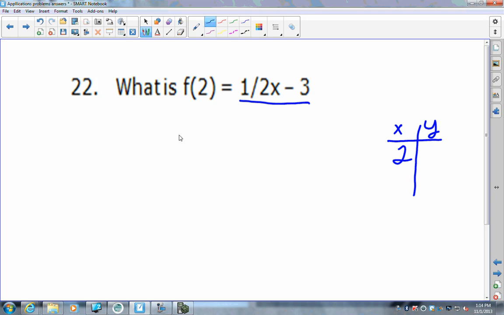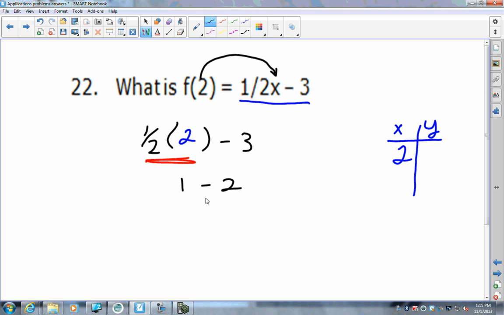The other way to do it by hand is to take the 2 and put it in there for the x, where I get 1/2 times 2 minus 3. Well, if I did it by hand, what's half of 2? 1. 1 minus 3 gives me -2.